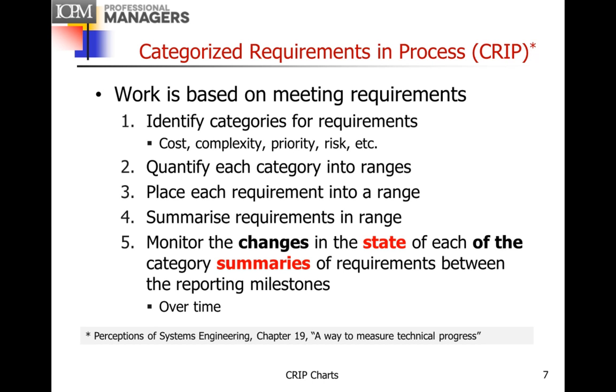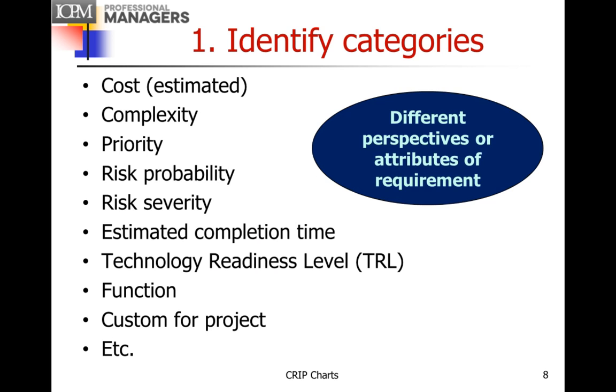And there's a lot more information and detail and examples in chapter 19 of my book, Perceptions of Systems Engineering. So what I'm showing here is just a brief overview. So let's go through each of these in turn.